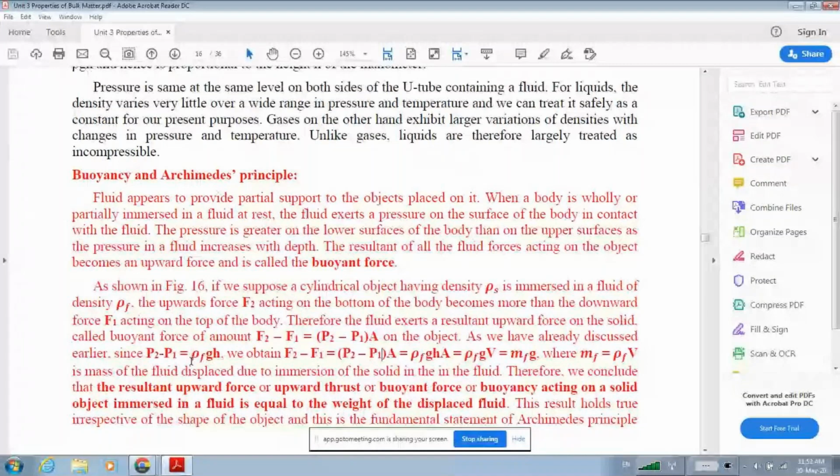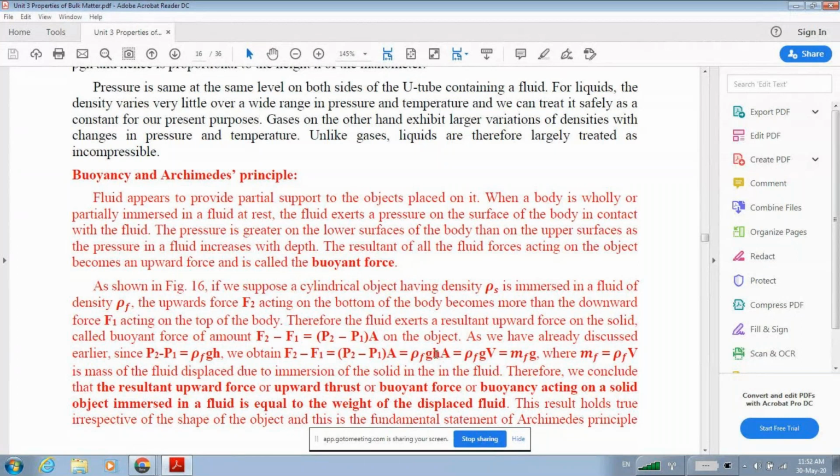So if we write F2 minus F1 equal to P2 minus P1 into A, equal to rho F GH into A.